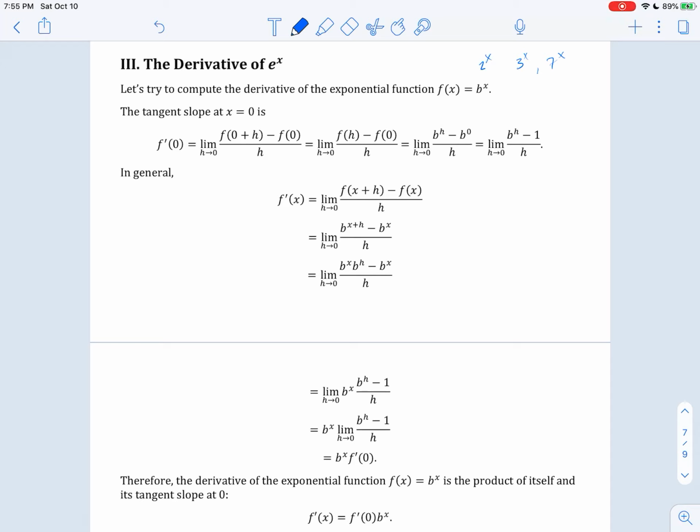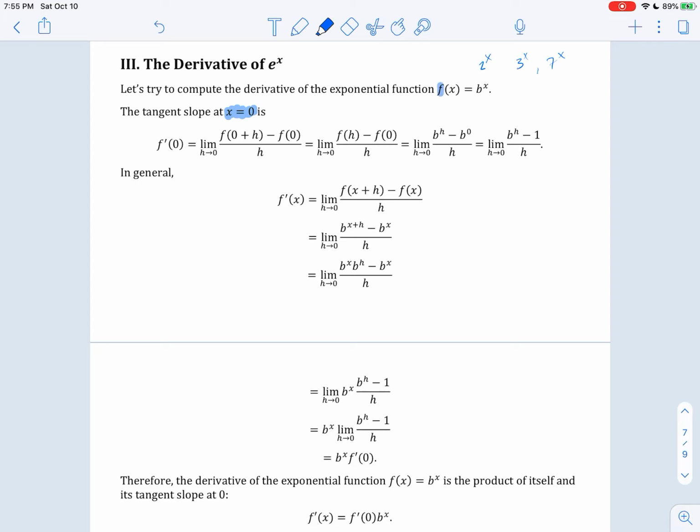We're going to start off by noting what the tangent line's slope is at x equals 0. We'd take f prime of 0. That's the limit as h goes to 0 of f of 0 plus h minus f of 0 over h, which equals the limit as h goes to 0 of f of h minus f of 0 over h.